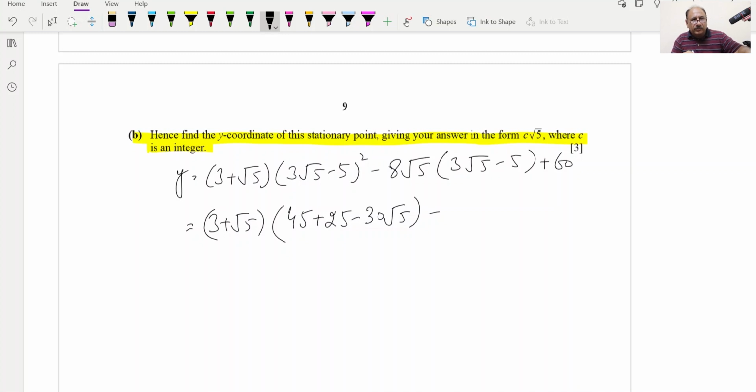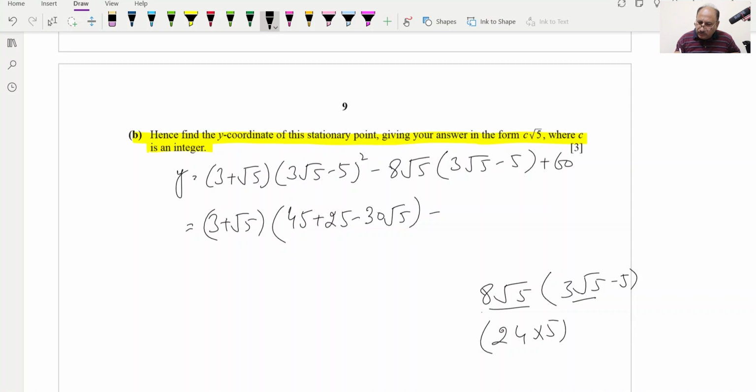If we simplify this one separately, 8 under root 5 inside 3 under root 5 minus 5, this will be 24 into 5, when we multiply this and this, and minus this will be 40 under root 5.